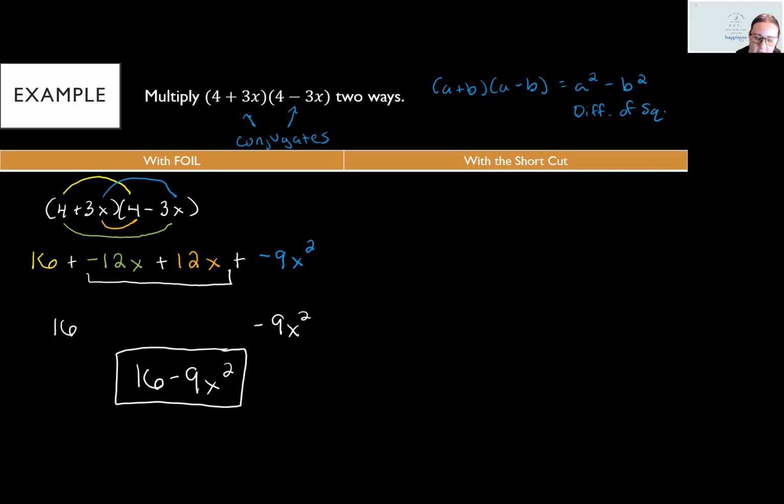And so that is a difference of squares because 16 is a number squared, 9 is a number squared, and the x is squared. So everything in our answer is something squared. And we've got this minus, this difference of squares. The minus means difference.